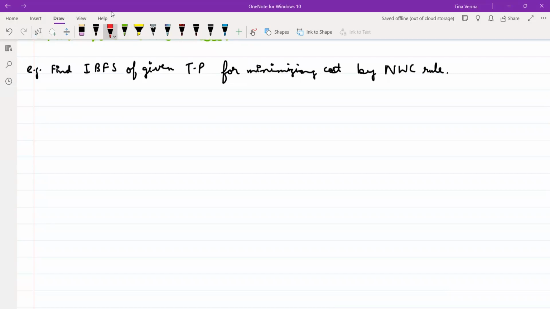There you have three sources, S1, S2, S3, and destinations D1, D2, D3, D4. There you will have availability, and here you will have demand.